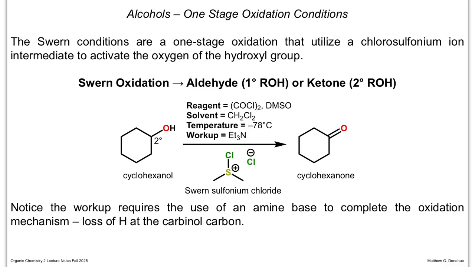So one of the first non-chromium sets of conditions that gained popularity is known as the Swern oxidation. Daniel Swern was a professor at, I think, Temple University. And notice the conditions here. There's a lot of stuff that goes into this.